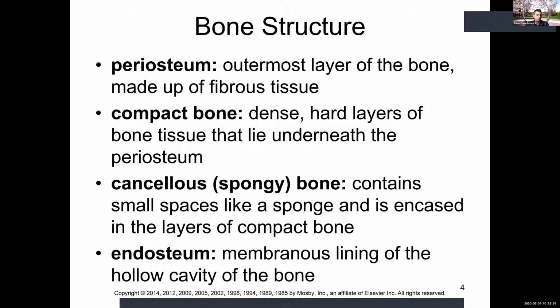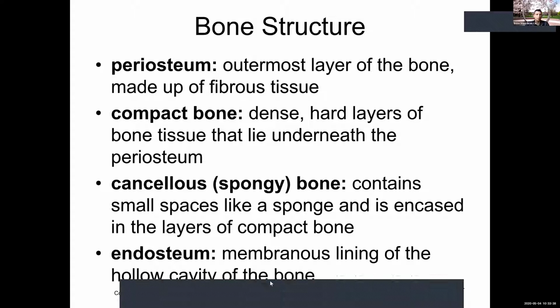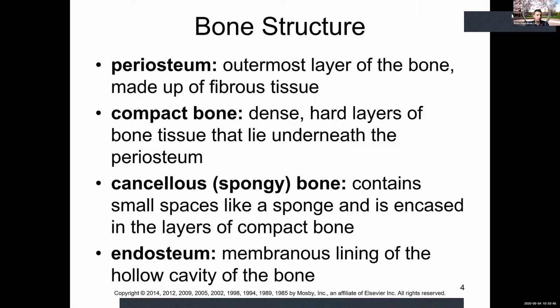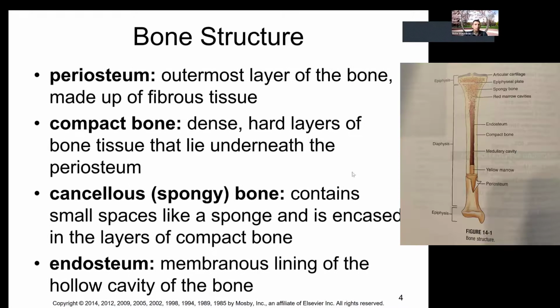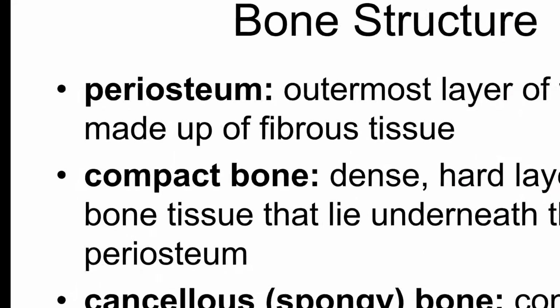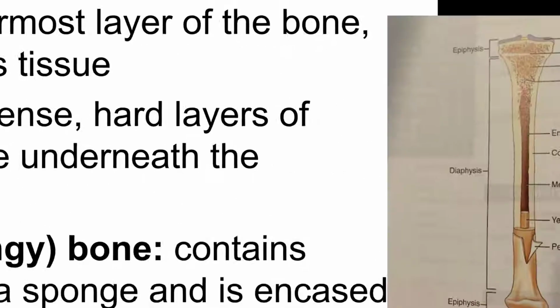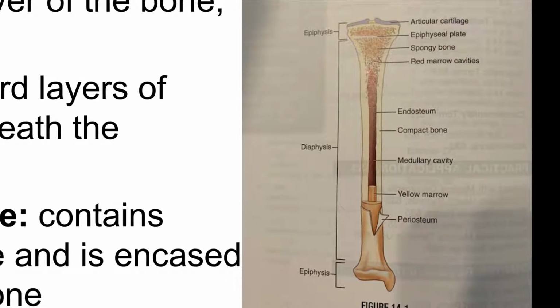So if we look at the bone structure, this is where we see figure 14-1 on page 580. If you're on page 580, you can follow along with that picture of that bone there. Periosteum is the outermost area of the bone, and you can see towards the bottom of that image the outer layer of the bone, and then they peel away layers as you move down from that.